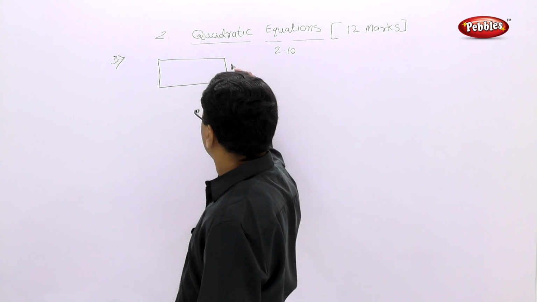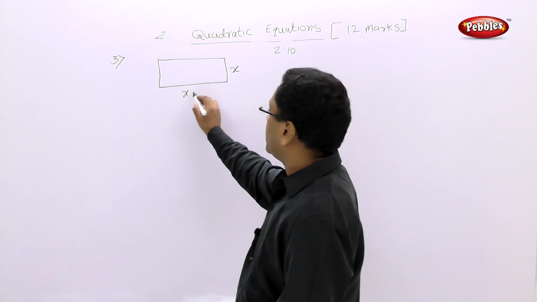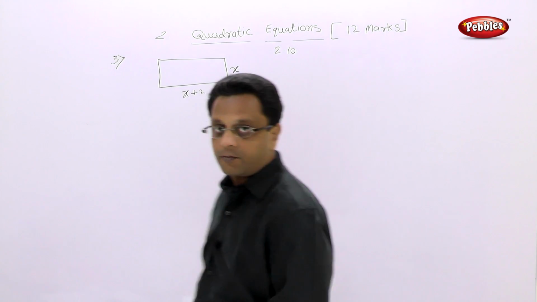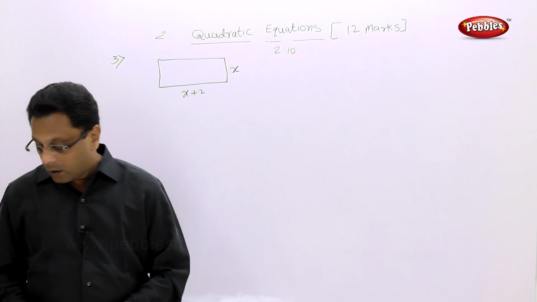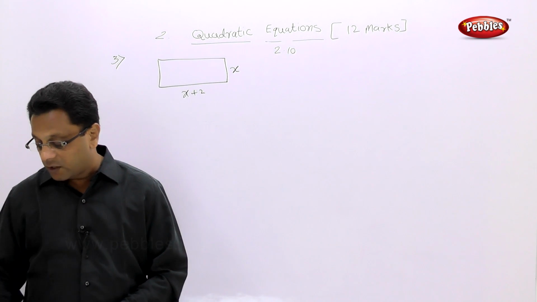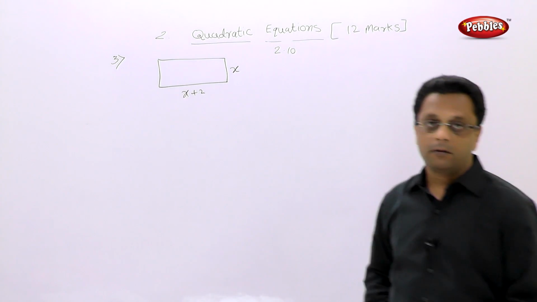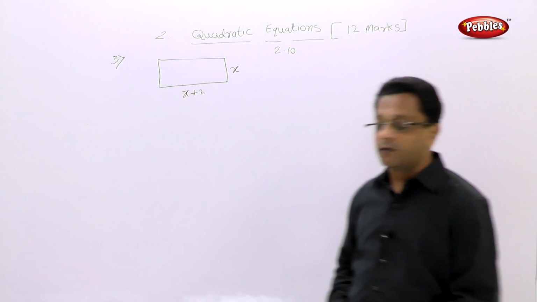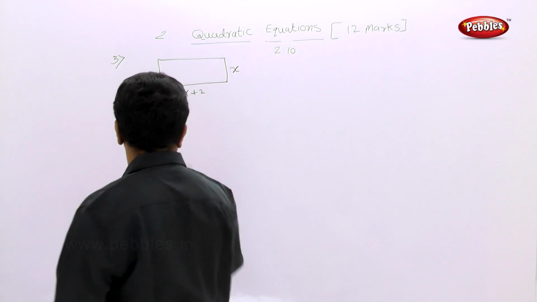So if the breadth is x, the length is x plus 2. Mind well, here the units are given. Now we have to find the length and breadth, and one more condition is given: the area of the rectangle is 24 centimeters square.